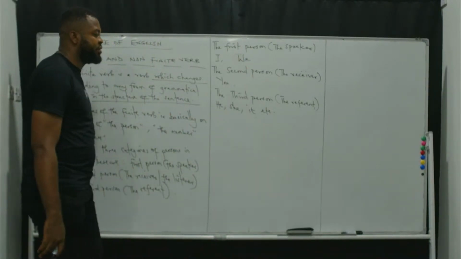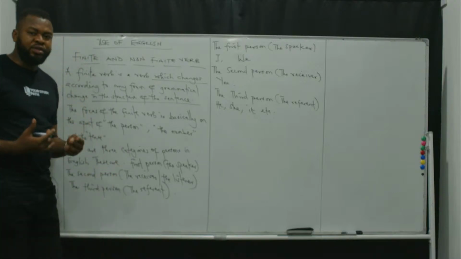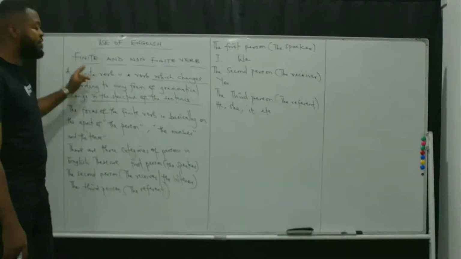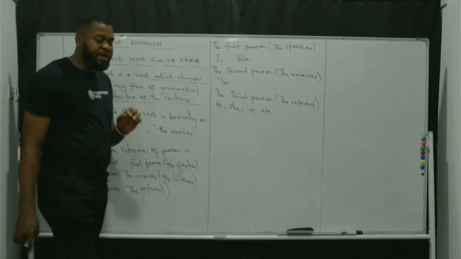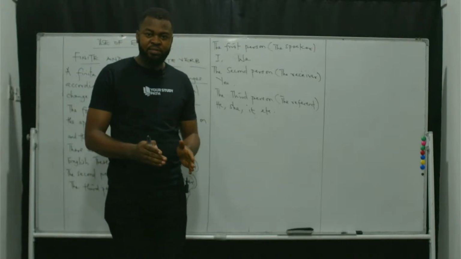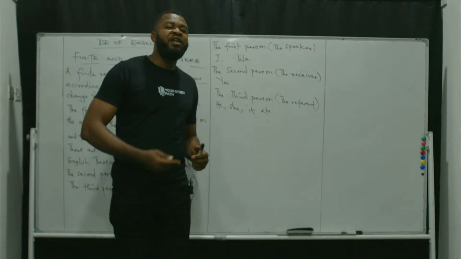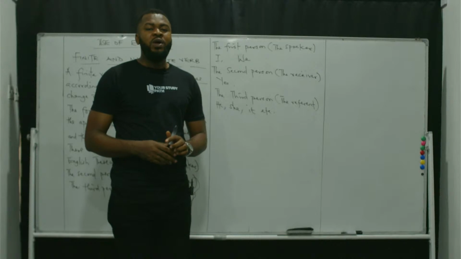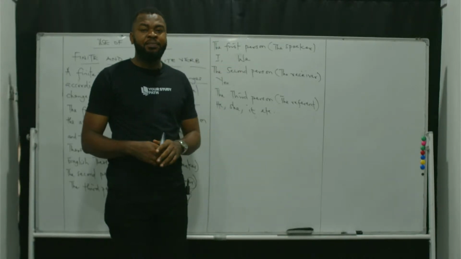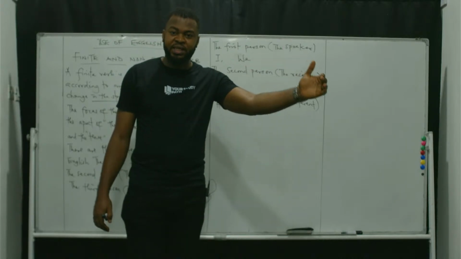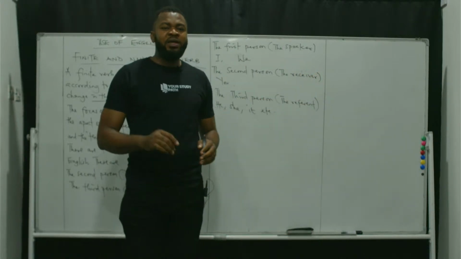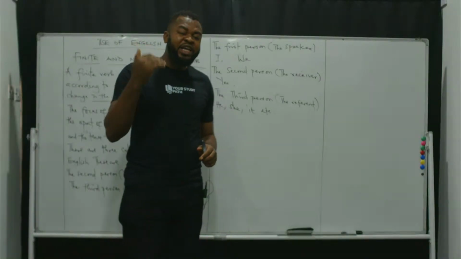Okay? So please try to understand persons in terms of finite verbs. In finite verbs, anytime you make changes in your person, that change would also reflect in the verb as well. Whenever you make any form of change in the person, for example, switching from first person I to second person you, there will be a form of grammatical change in the verb.